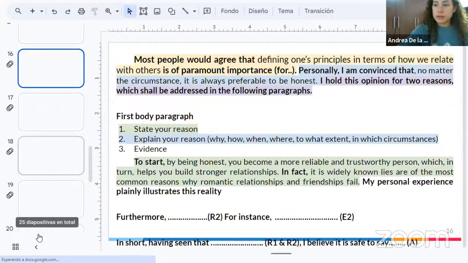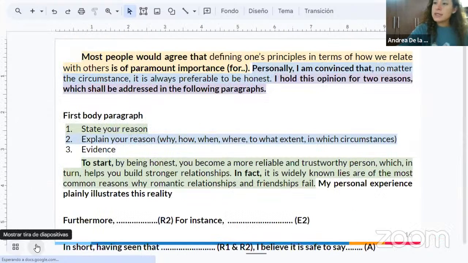Okay, here it is. So what we did yesterday was the introduction, and we started with the first body paragraph, right? We wrote the two first parts of the first body paragraph. So let's continue then.